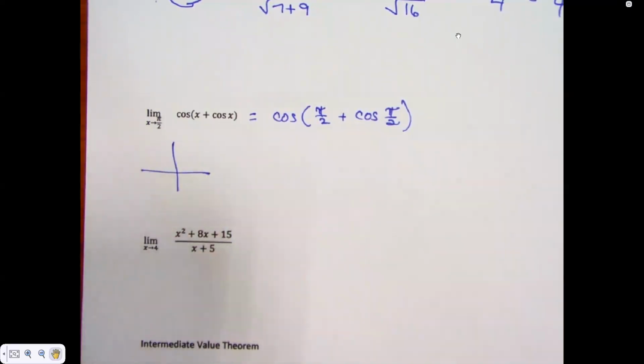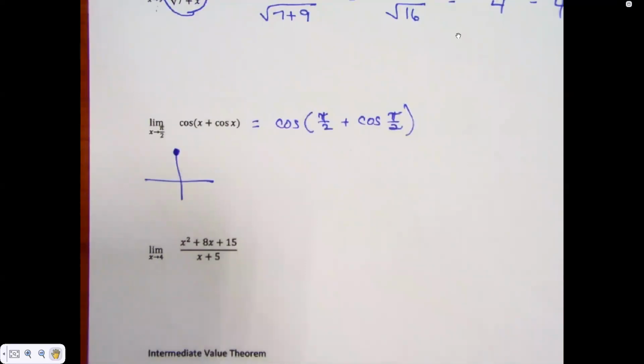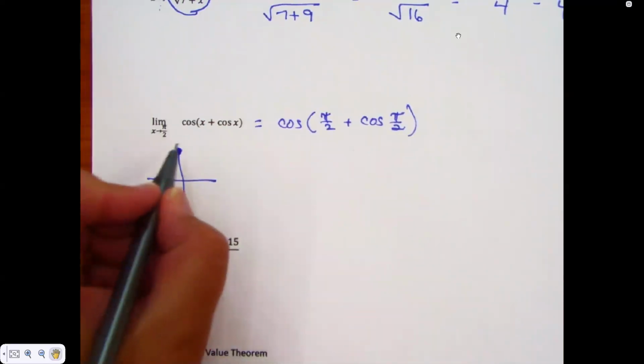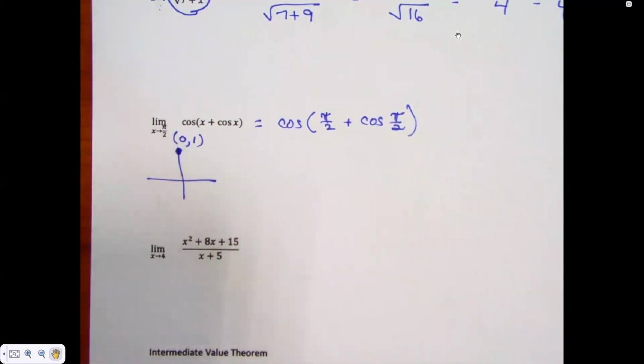Pi over 2, does anyone know where pi over 2 is? At the top there, pi over 2 is here. And so that point is 0, 1. Cosine is the X value.